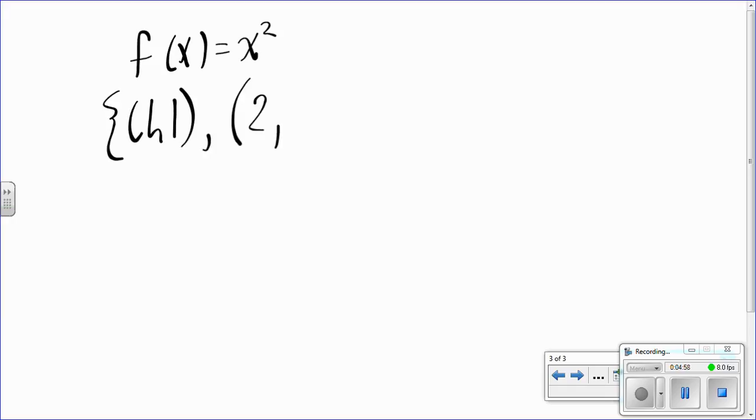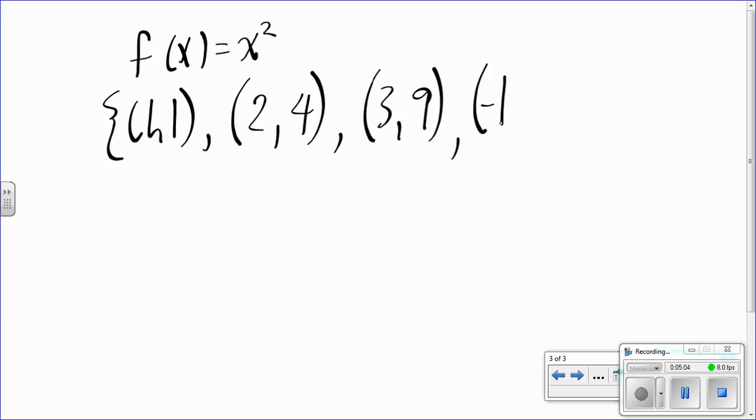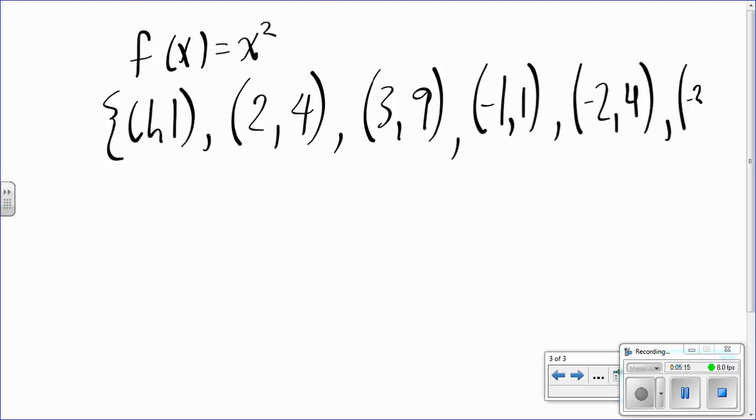If I put in 2, I get 4. If I put in 3, I get 9. What if I put in negative 1? You get 1. What if I put in negative 2? You get 4.